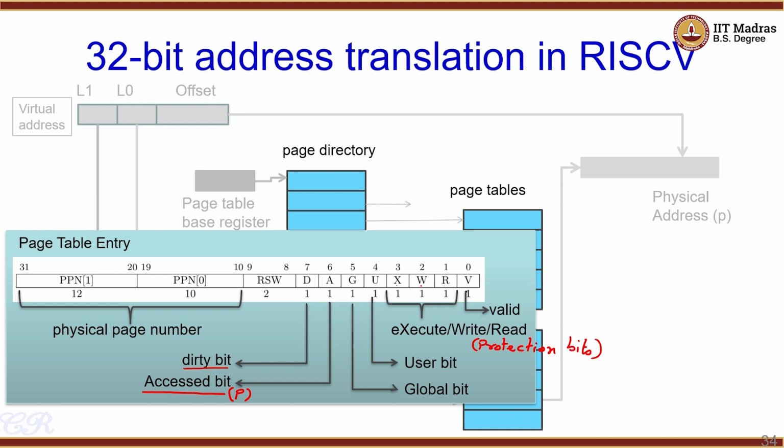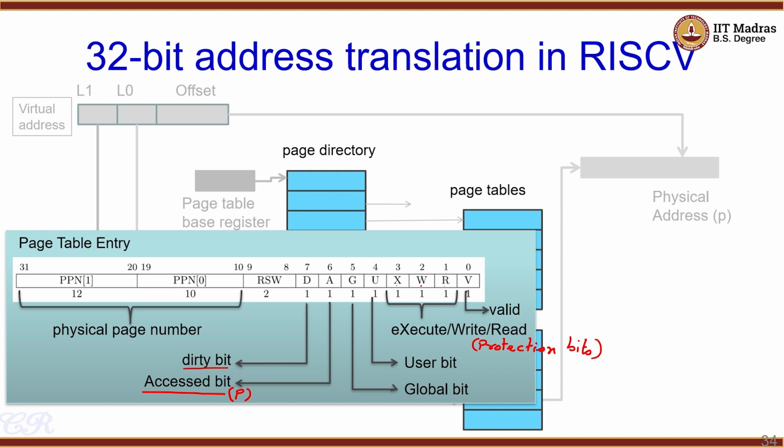X tells you whether that particular page frame can be executed. If you have a code section or a page frame that comprises code, then it would have the X bit set to 1, meaning that the processor can actually execute the contents of that page.